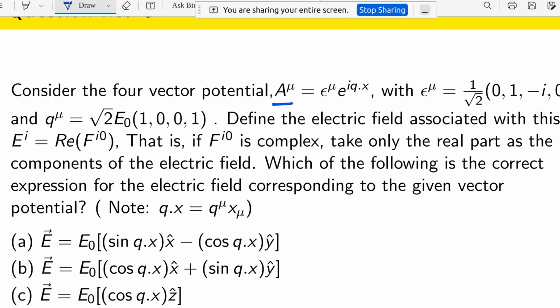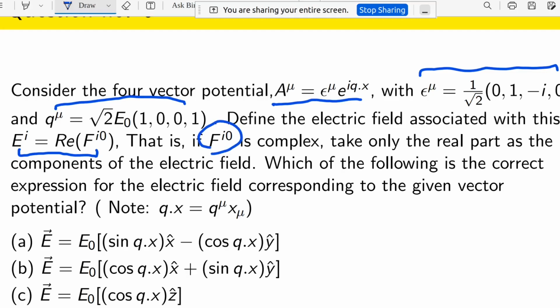Okay, so what is basically the question? This is the expression for the 4-vector potential, and they have given the epsilon mu value as well as the q mu value. They told us that E i will be nothing but the real part of F i0. That means whatever F i0 will be, we are just going to take the real part of this for the E i expression. Then what will be the expression for E?